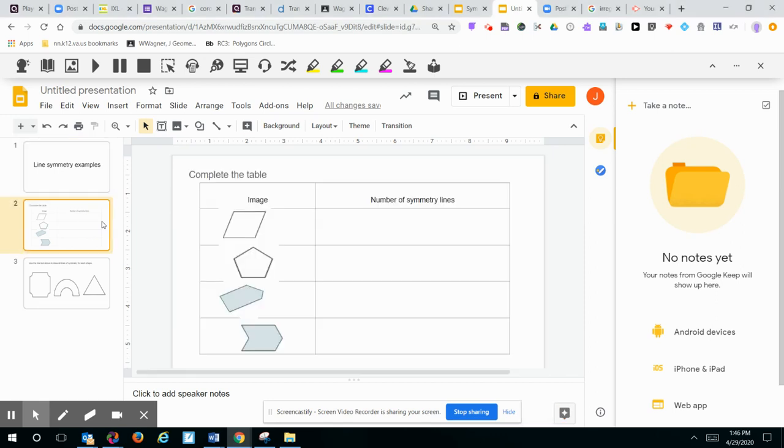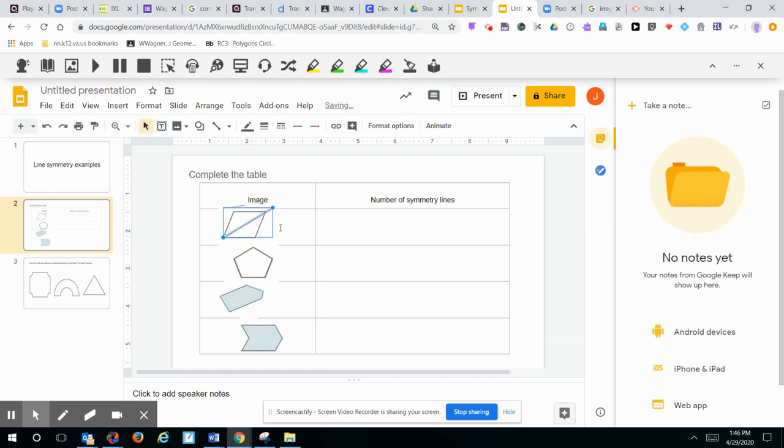When you're doing line symmetry, it means if I were to draw a line through the figure, and this is my line drawing tool here. By the way, I have it set to draw a segment.